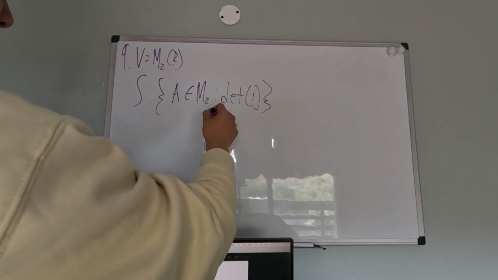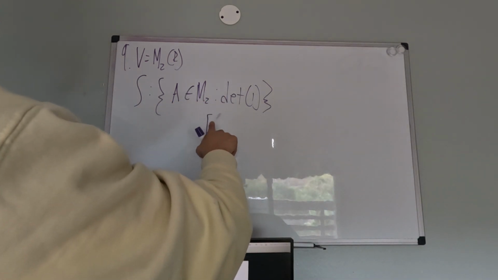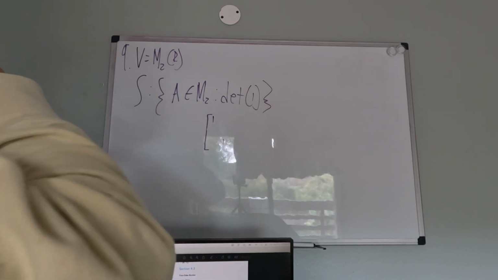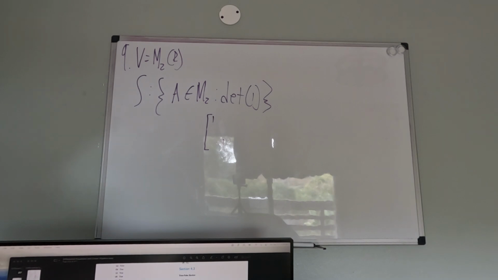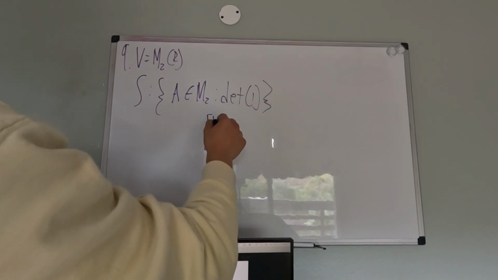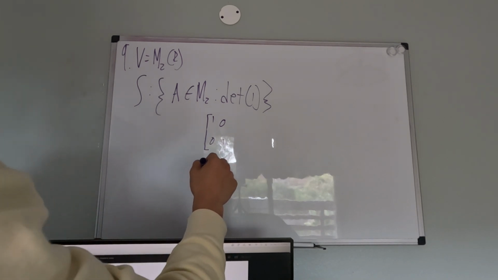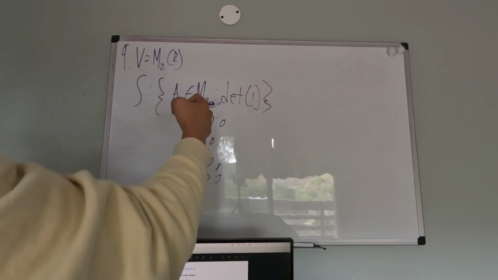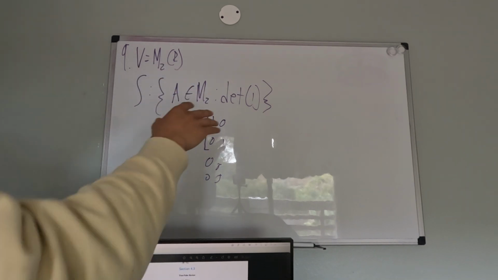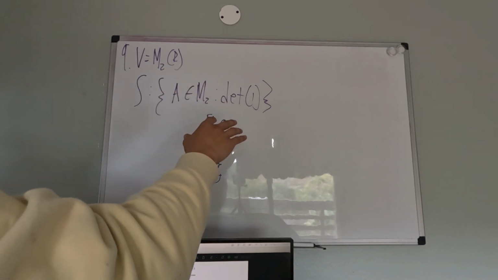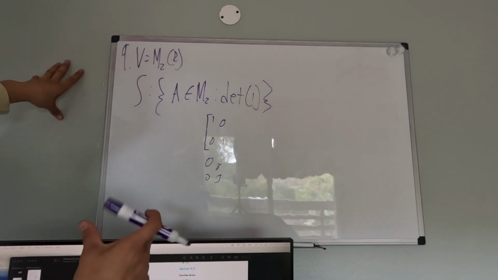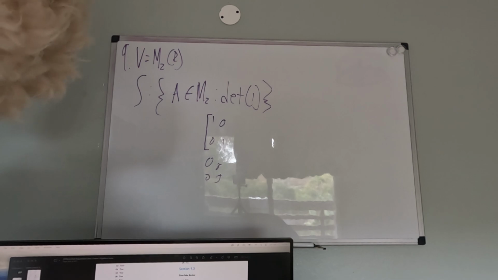I'm not even going to write it out, but this is something you should know. So if the determinant is 1, then you're going to need something like 1 times 1. And if that's the case, this can't be 0, 0, 0, 0, because it isn't in the set of having a determinant of 1. So all matrices with determinant 1 is not a subspace, because it doesn't contain the zero vector.